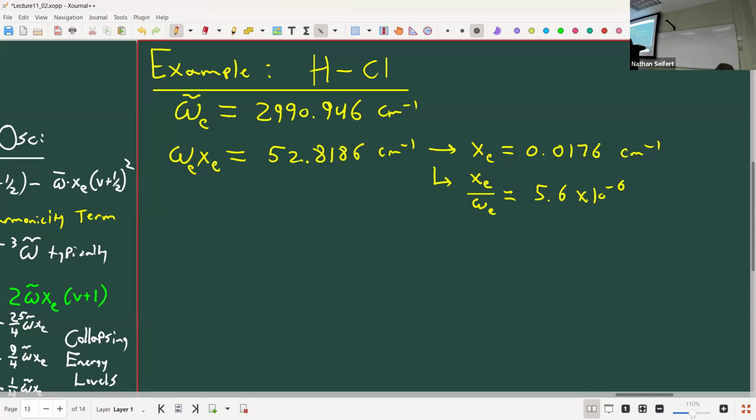So this means that the system is not very anharmonic. It's very mildly anharmonic. So in general, when we talk about HCl, we very rarely talk about it as an anharmonic oscillator because it just doesn't matter that much. It's a very small value.